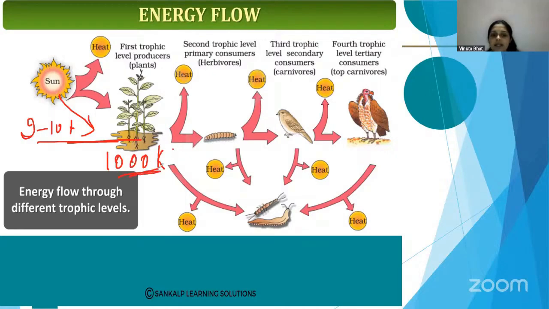Then only 10% is transferred to the next level. 10% of this 1000, that is only 100 kilocalories, is transferred to the next level. Then 10% of this is transferred to the next level, and the remaining is lost in the form of heat. The first trophic level is producers, the second trophic level is primary consumers, called herbivores, the third trophic level is carnivores, and this is the fourth trophic level, and you can see the loss of energy in the form of heat.